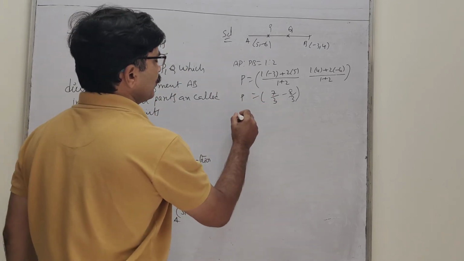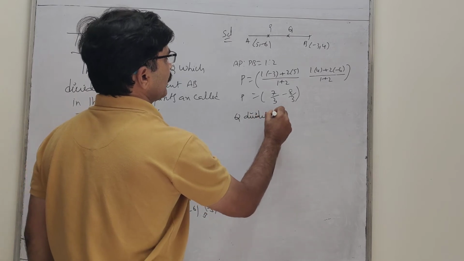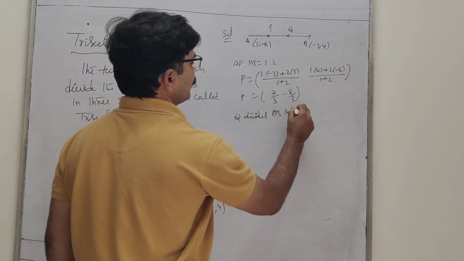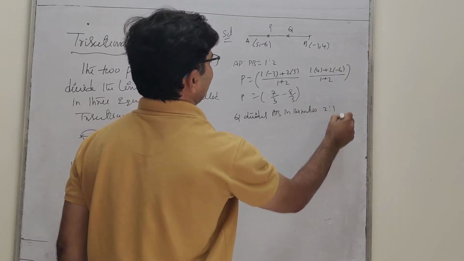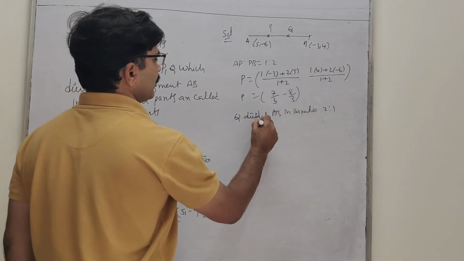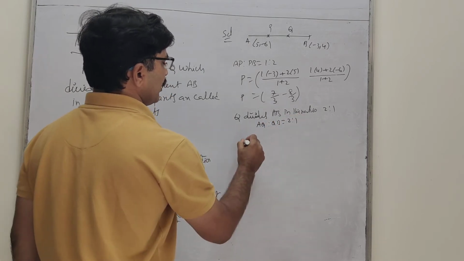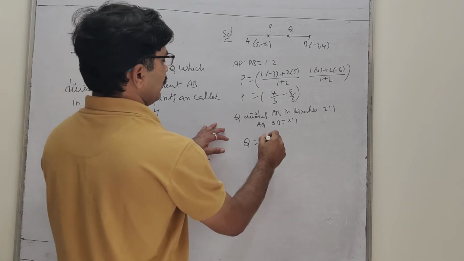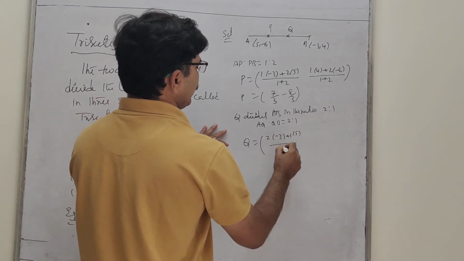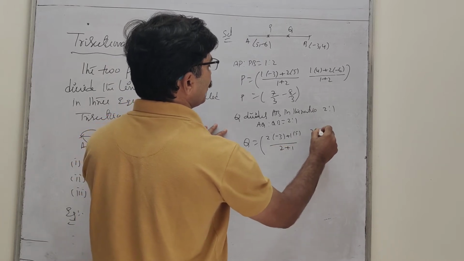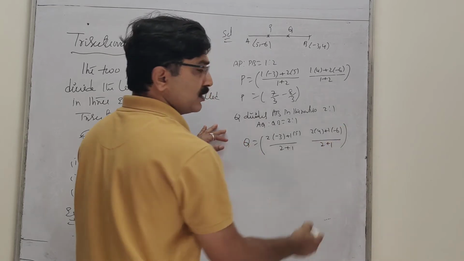Now, what is Q? Q divides AB in the ratio 2:1, that is AQ is to QB is 2:1. So the Q point is also internal. The only thing is the ratio is quite opposite. 2 into minus 3 plus 1 into 5, divided by 2 plus 1; 2 into 4 plus 1 into minus 6, divided by 2 plus 1.